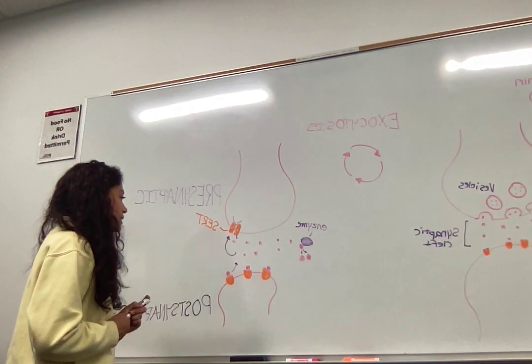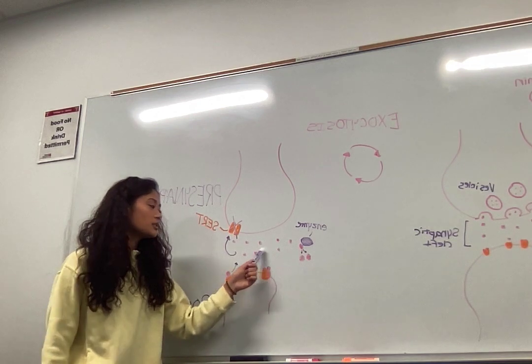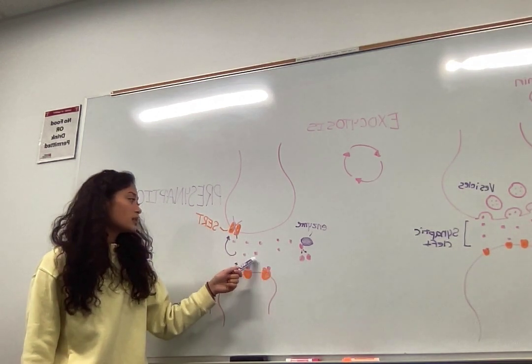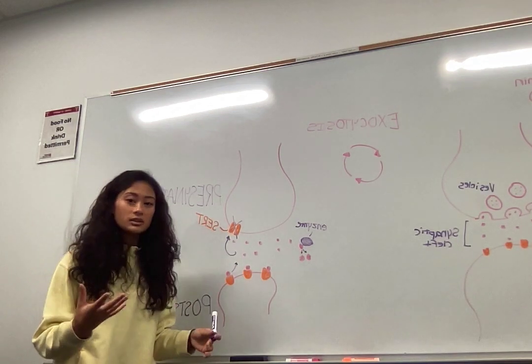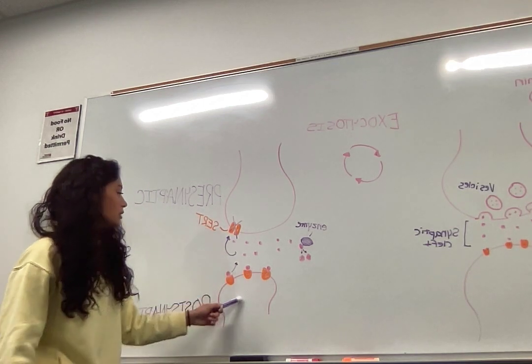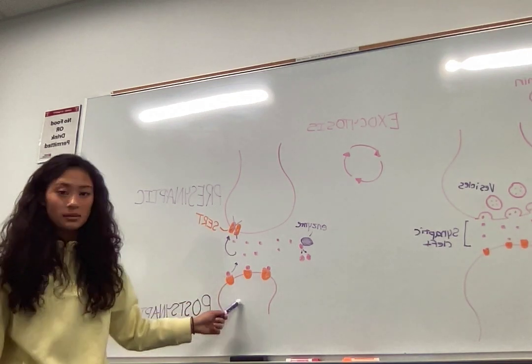What this means is that the remaining neurotransmitters that aren't broken down by enzymes will stay in the synaptic cleft. So the serotonin concentration will increase, and there will be more serotonin that can bind to the postsynaptic receptors.